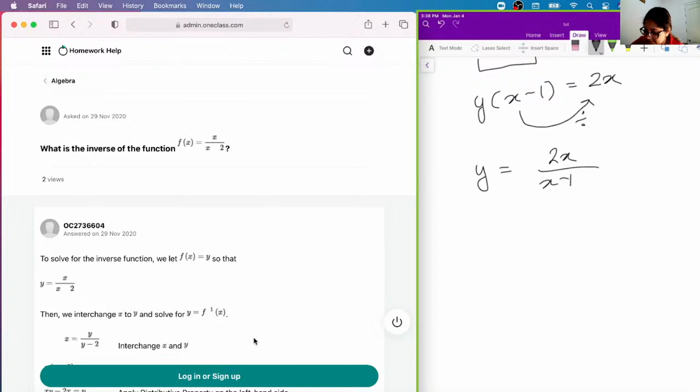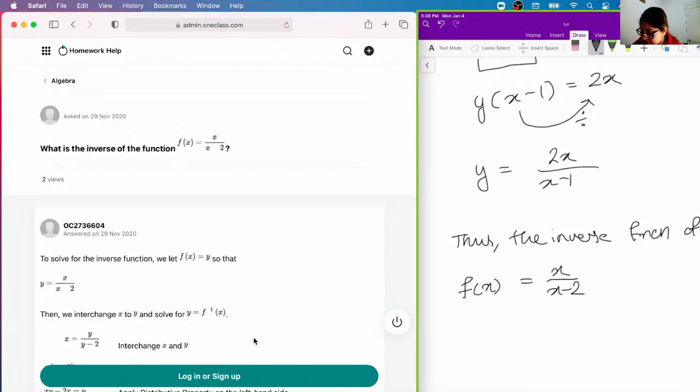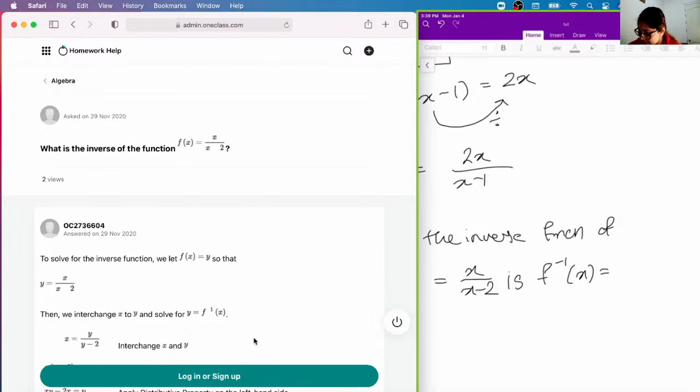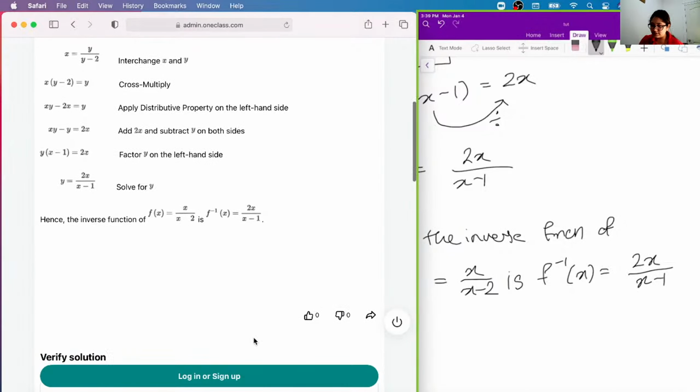So you can say thus the inverse of f of x, which is over x minus 2, is, this is your inverse function, which is equal to 2x over x minus 1.